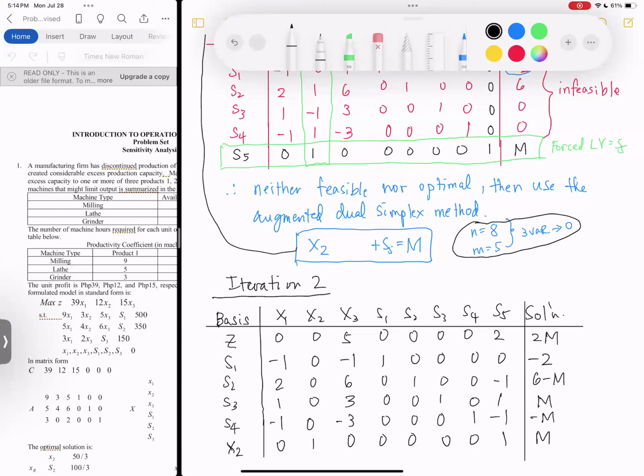Sige. So, is this infeasible? This one? Yes, sir. What makes it infeasible is the S1 row, the S2 row, and the S4 row. So, infeasible lahat yan.